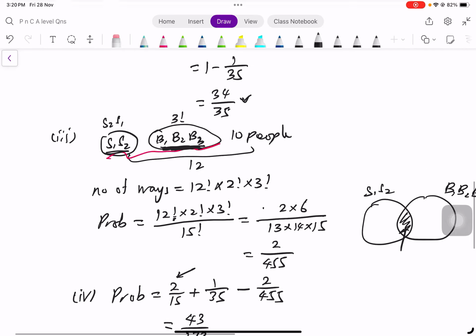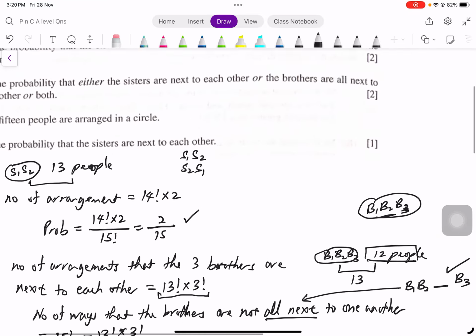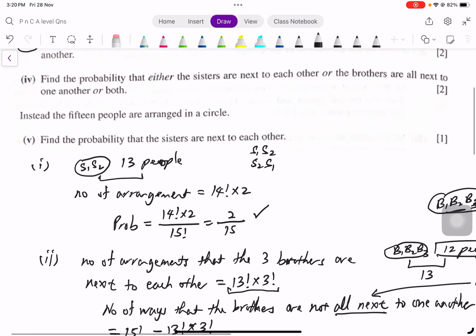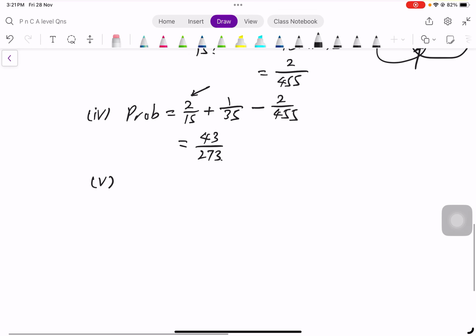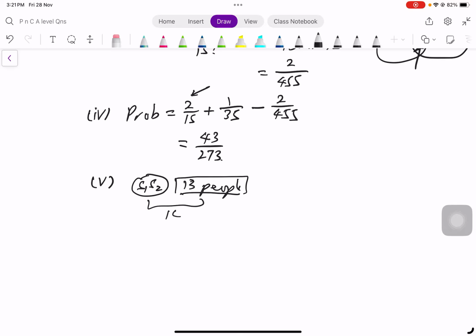All right, now we look at part 5. Instead, the 15 people are arranged in a circle. Find the probability that the sisters are next to each other. Again, the sisters are next to each other, so we treat them as one bundle, sister 1, sister 2, plus 13 people. Then we have 14 objects.